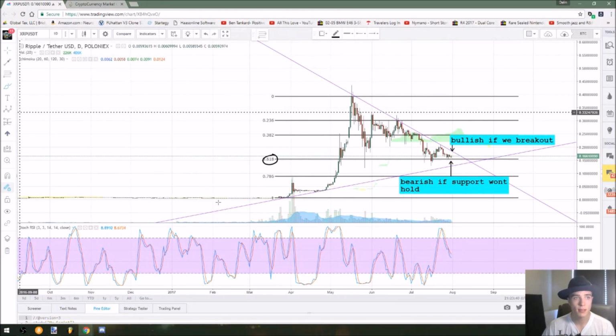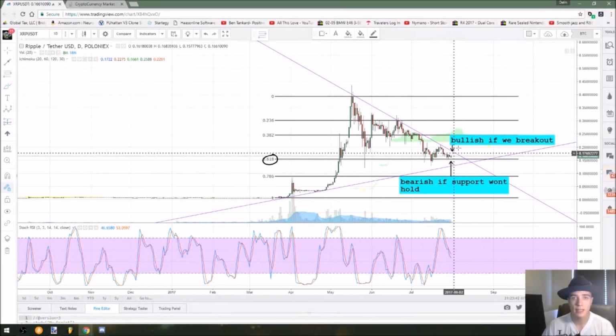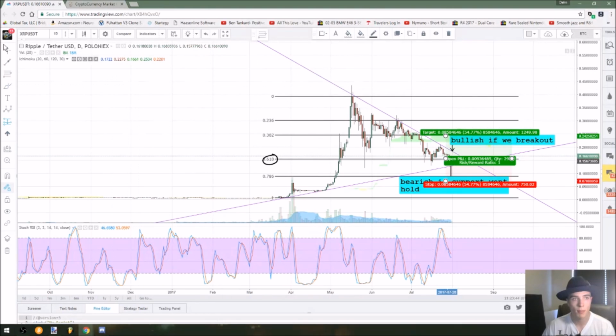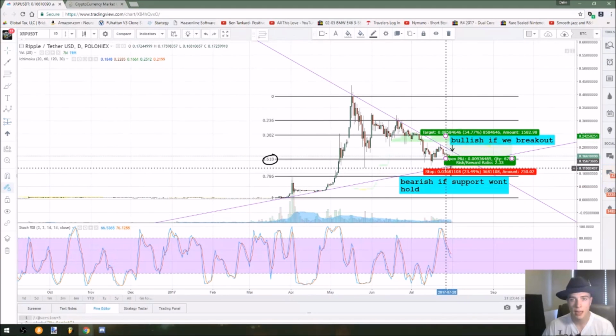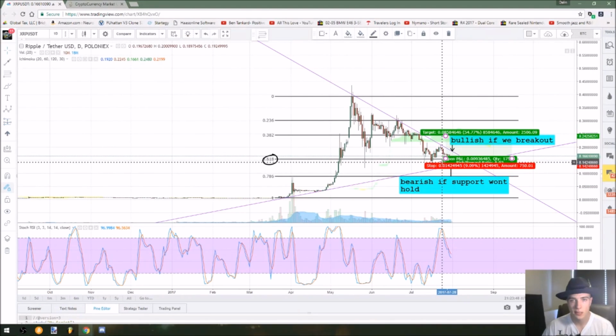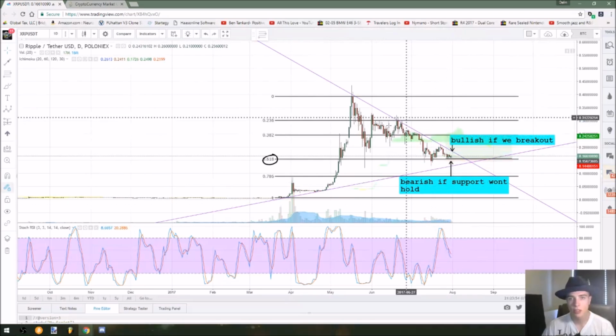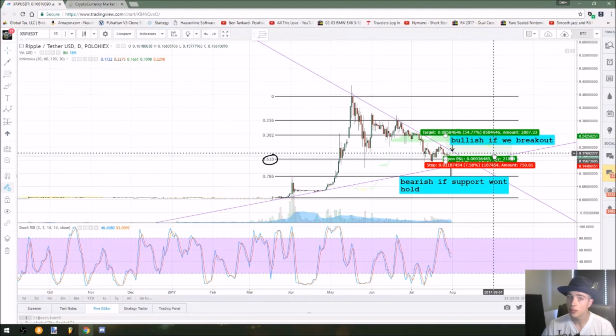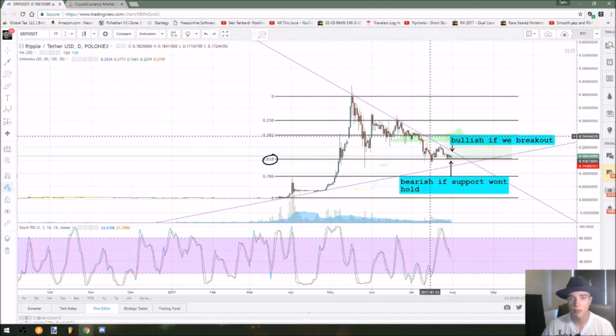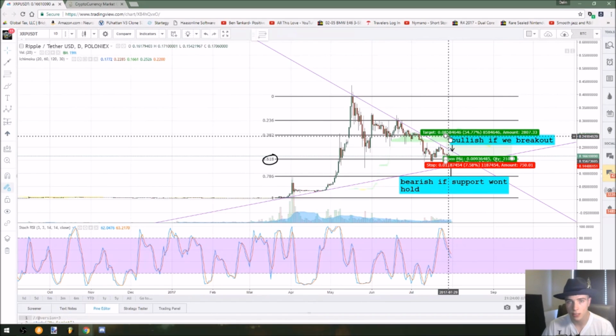So if you are going to buy this, then I recommend putting a pretty tight stop loss because of the uncertainty in the markets. The maximum I would do is like 6 to 8% is what I'd be willing to lose in this chart here. But if we go bullish here, you can win up to 50% before you really see any major rejections.